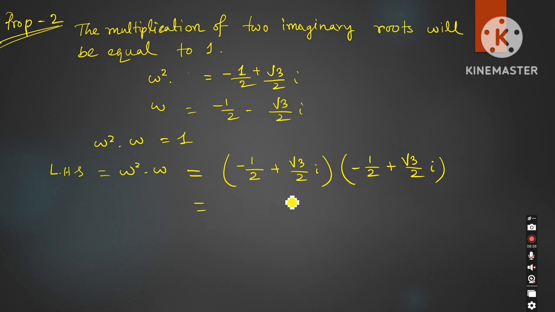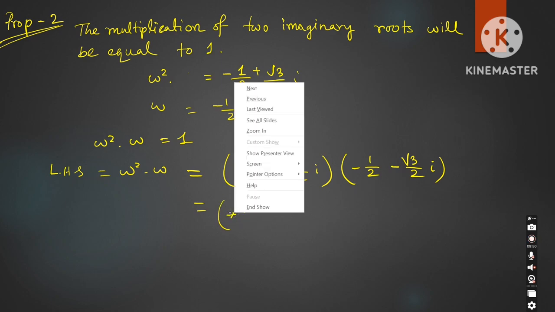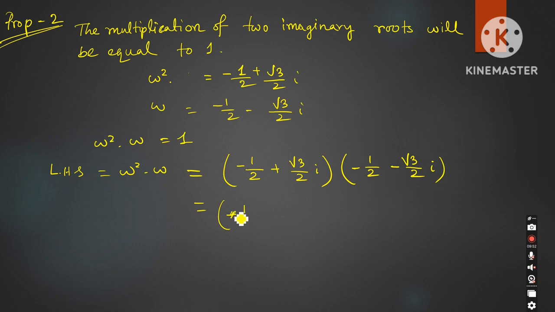So we can clearly write a square minus b square. That comes as 1 by 4 minus 3i square divided by 4. i square stands for minus 1, so it will be 1 by 4 plus 3 by 4, which becomes 4 by 4 equals 1.